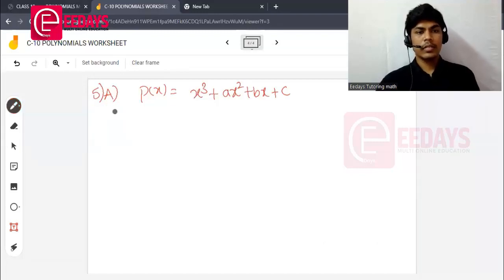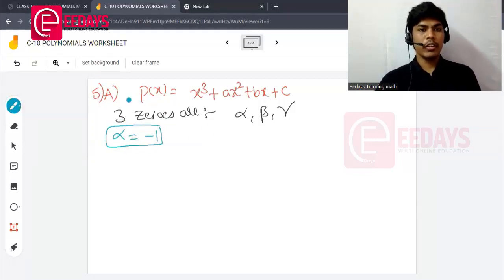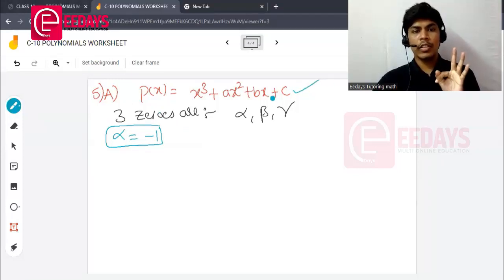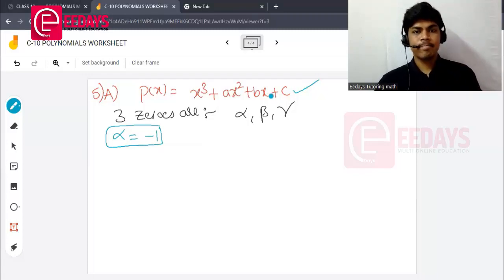The three zeros are alpha, beta, gamma. Alpha they already given as minus 1 in the question. We need to find beta into gamma. For a cubic polynomial, there is a sum of zeros and a product of zeros. How to solve this one?